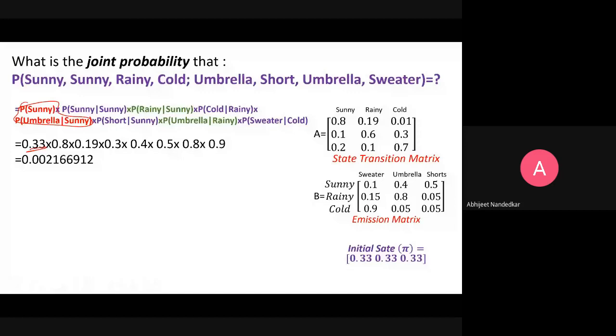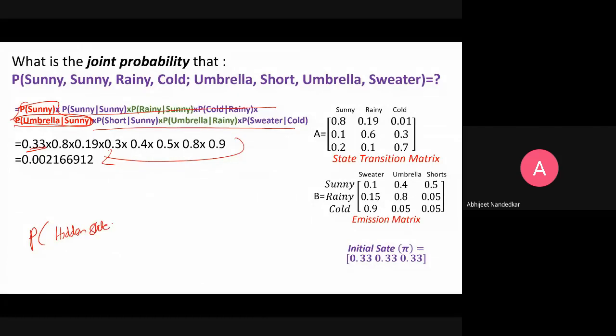So you take the probability of sunny times the probability of umbrella given sunny. You can go to the table, check those values, and keep writing all the probabilities one by one. Just take the multiplication, and that gives you the probability of hidden states and observable states. Remember, this is joint probability. I am saying and.